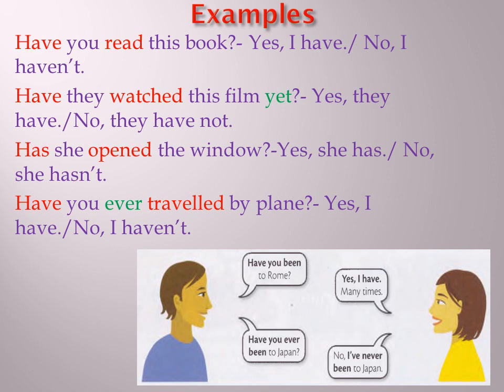Yes, I have. No, I haven't. Have they watched this film yet? Yes, they have. No, they haven't. Has she opened the window? Yes, she has. No, she hasn't. Have you ever traveled by plane? Yes, I have. No, I haven't.